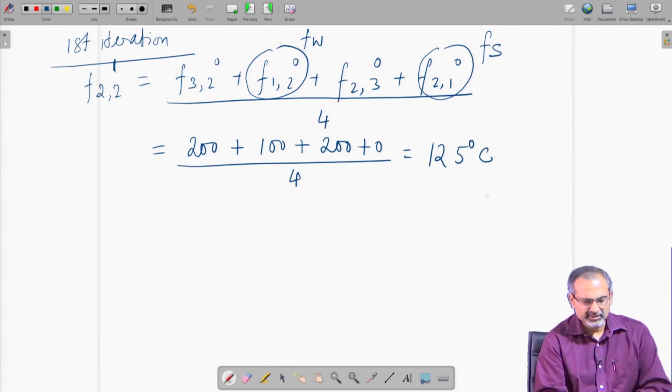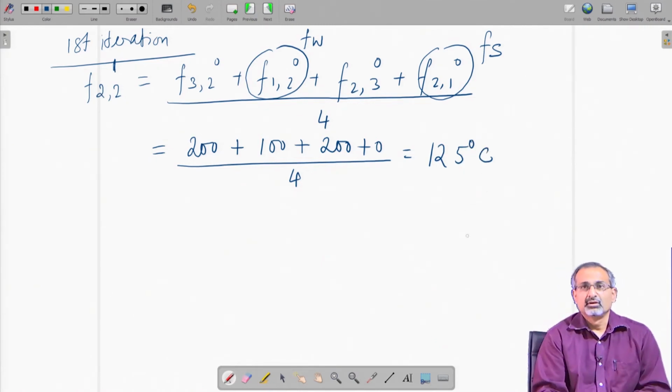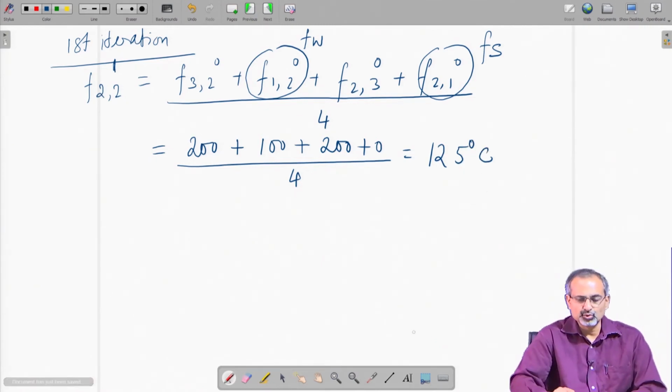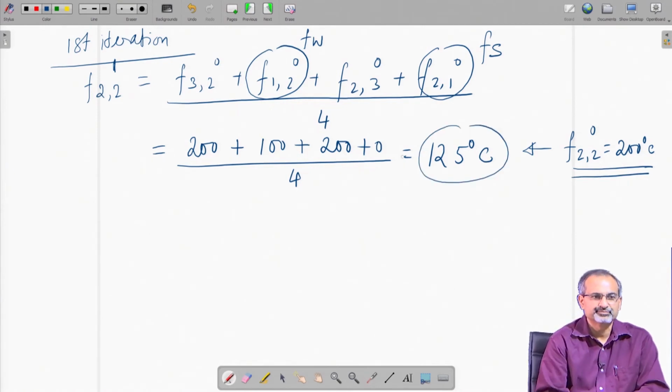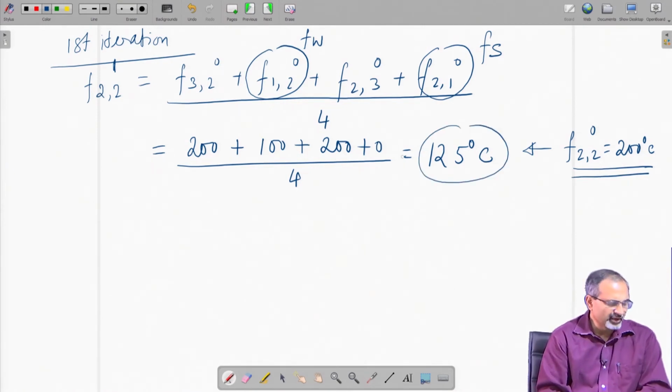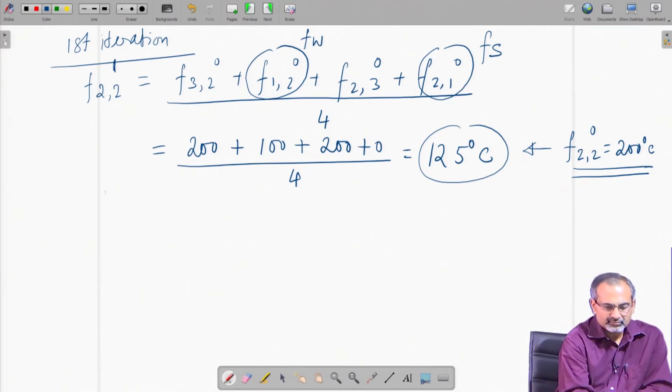So, this gives you an updated value of the function at the point 2 2. Remember that the original guess for 2 2 was 200 degree centigrade, which has already changed to 125 degree centigrade, which, as you can understand, is happening because of the proximity of lower boundary temperatures coming from the west and the south boundaries, which influence the point 2 2.